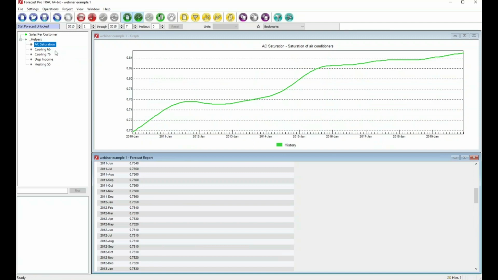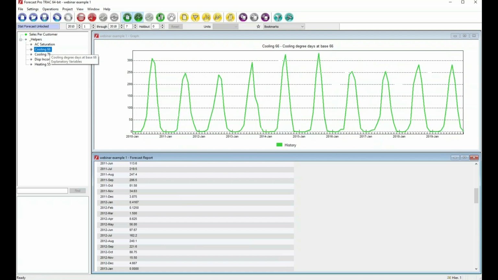We have AC saturation, and that's simply the percent of households with air conditioning. We have cooling 66. Cooling 66 is a variable that reflects, within each month, the number of days that the average daily temperature is above 66, as well as how far above 66 it is.